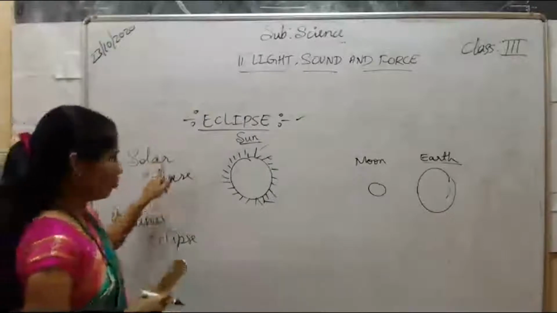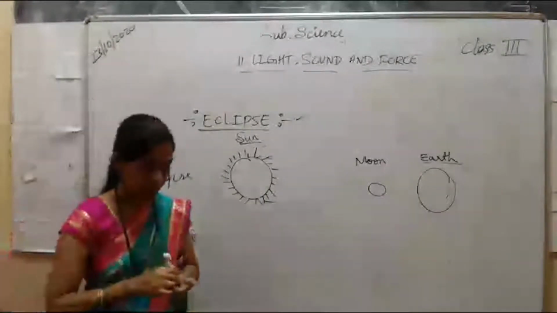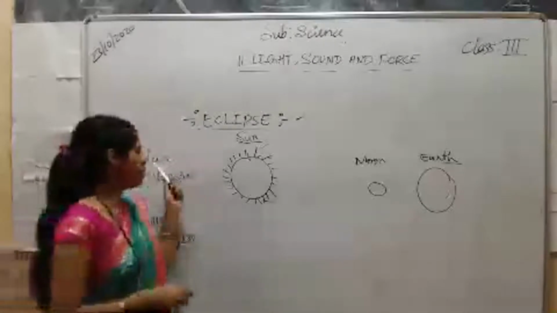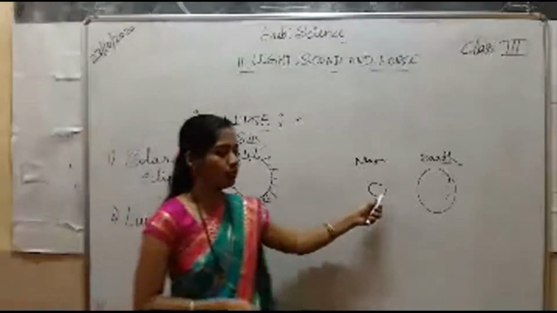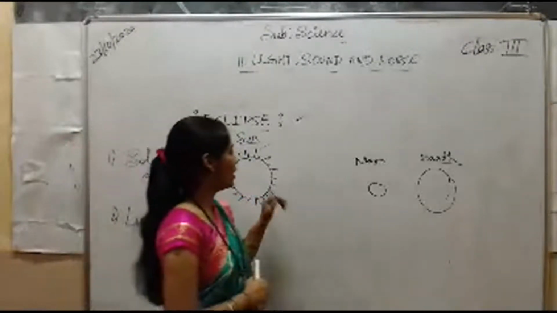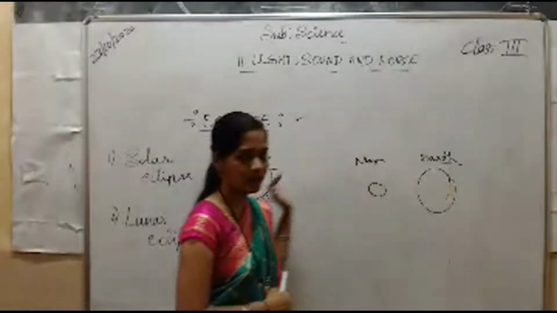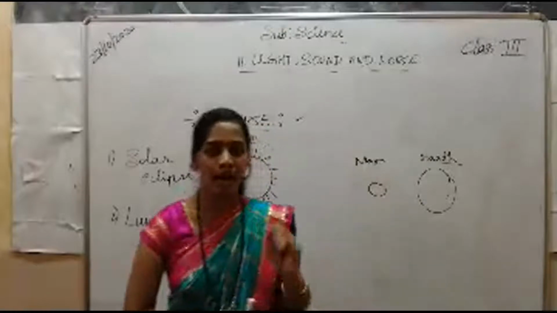What do we mean by solar eclipse? Solar eclipse means eclipse of the sun. Lunar eclipse means it happens for the moon. One by one we are going to see now. Solar eclipse: when the moon comes in between the earth and the sun, the solar eclipse happens.